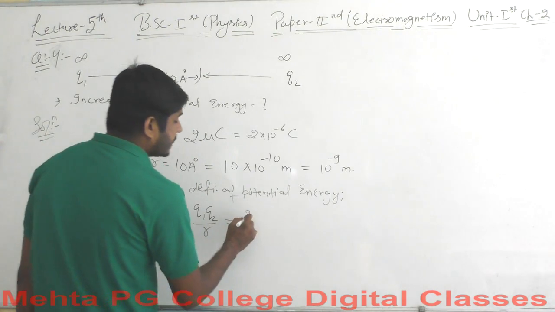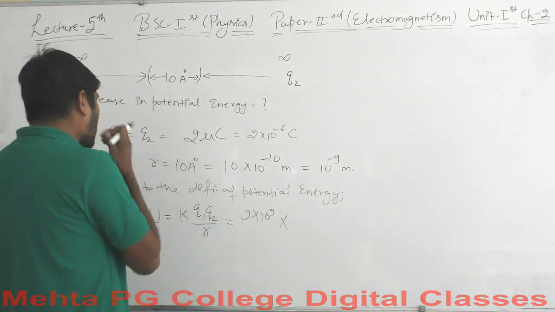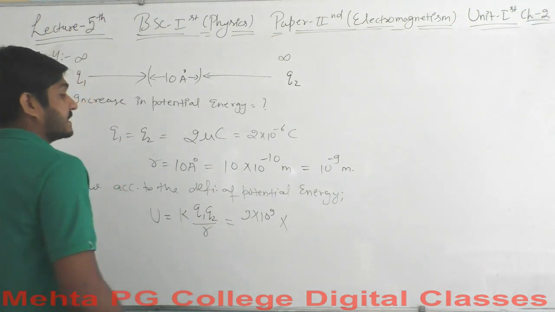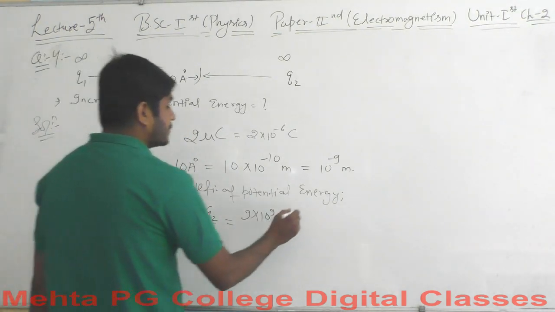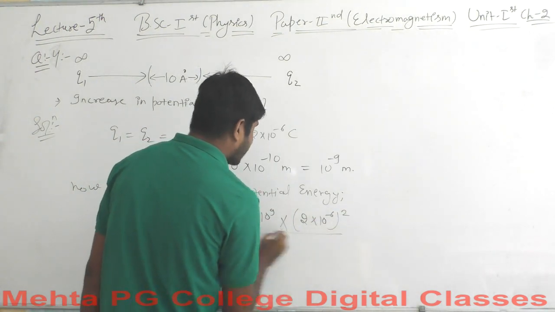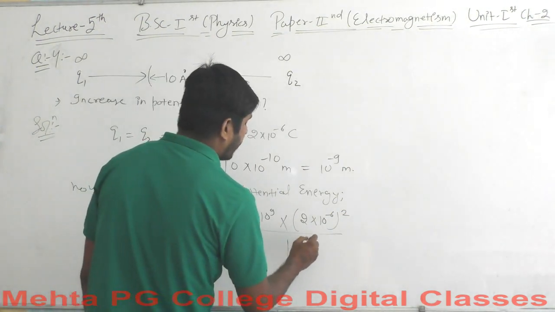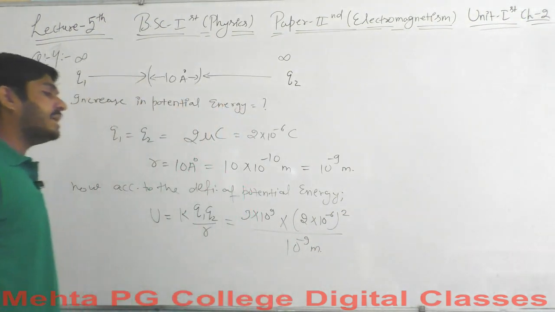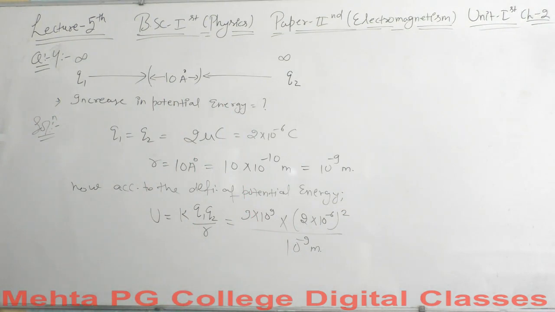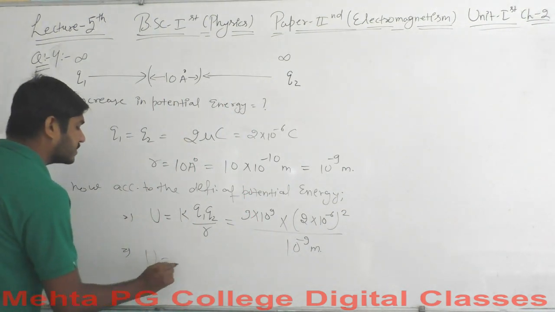So this is 9 into 10 to the power 9, into, since these two values are the same, you can simply say the square of the charge here, 2 into 10 to the power minus 6 whole squared, upon r, which has the value 10 to the power minus 9 meter here. The value of potential energy will come out in joules.